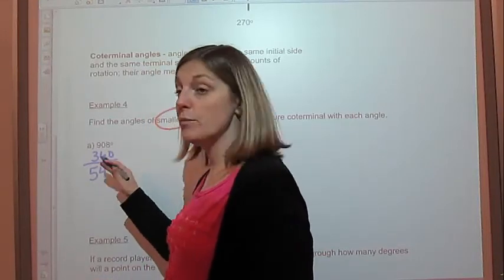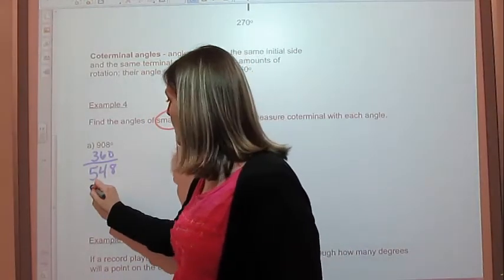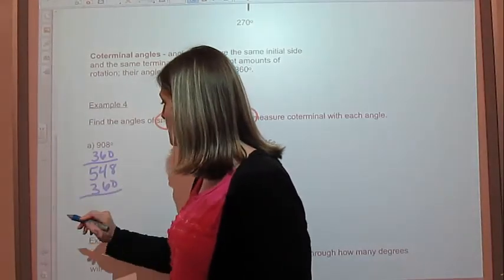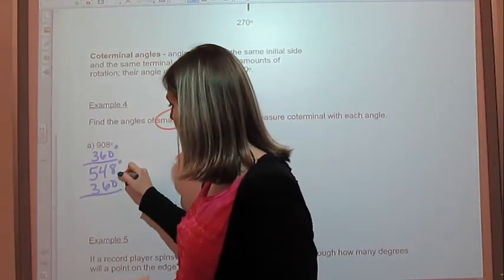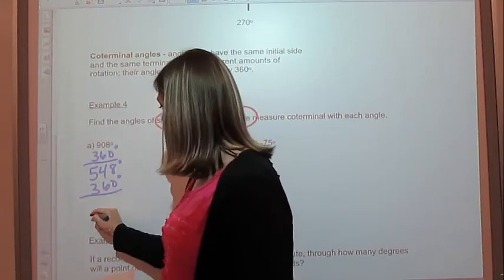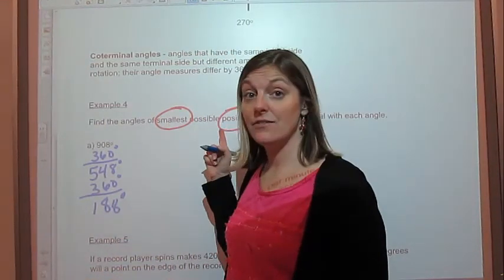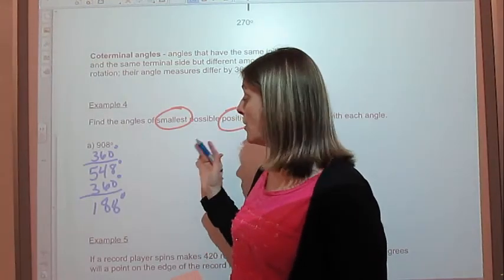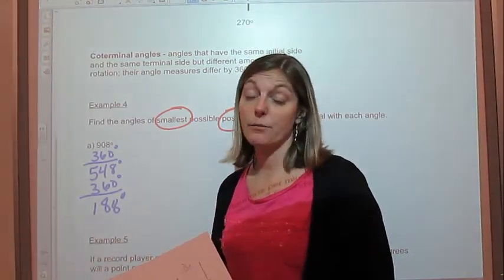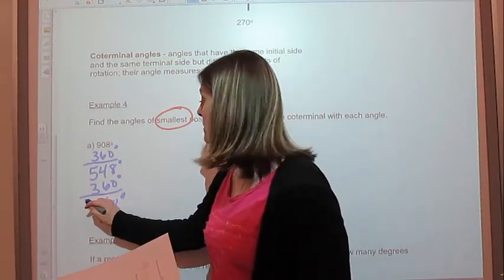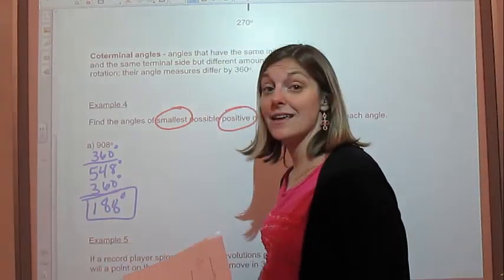Well, that's still not in between 0 and 360, so take away another 360 full circle. These are all degrees. And you get 188. That is positive, and it's the smallest coterminal angle because if you take away another 360, you're going to get a negative answer. So 188 degrees is the answer for that one.